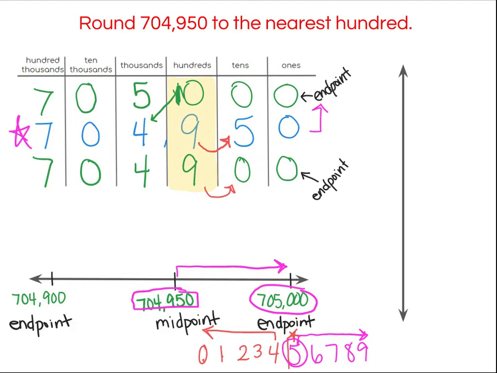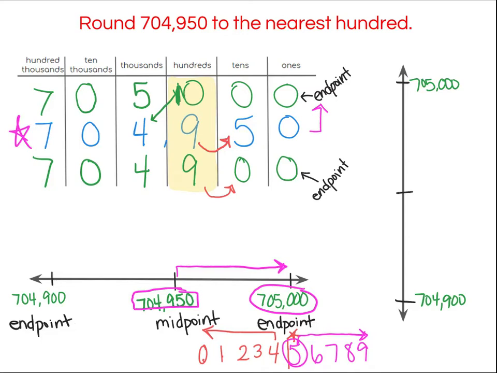We can do the exact same thing on a vertical number line. So we have our two endpoints. The lower one is 704,900 and the upper endpoint is 705,000. Then we look for our midpoint, again, which we just discussed.